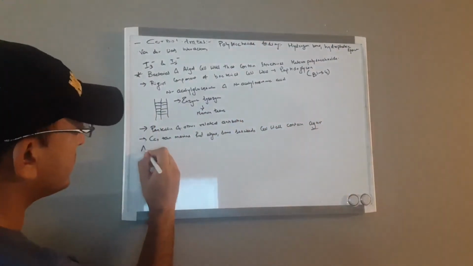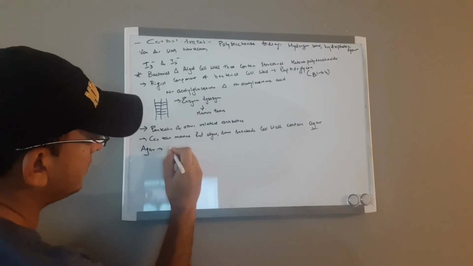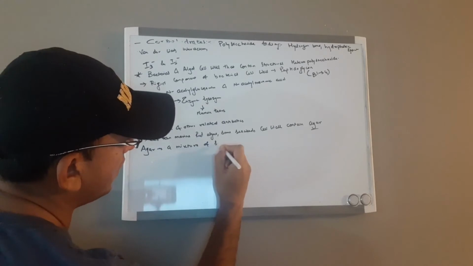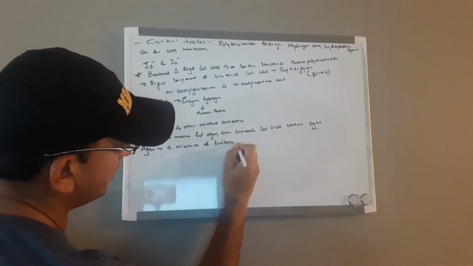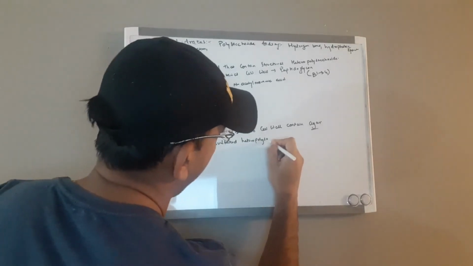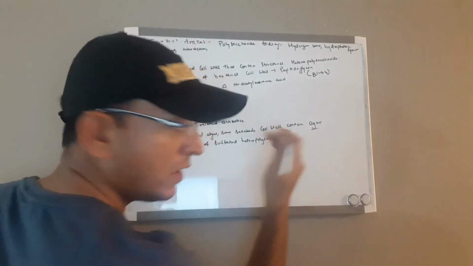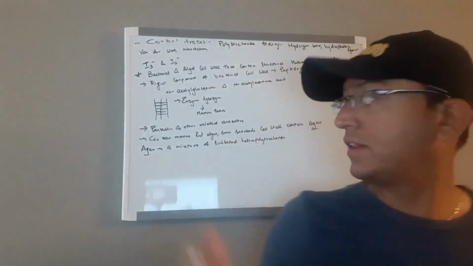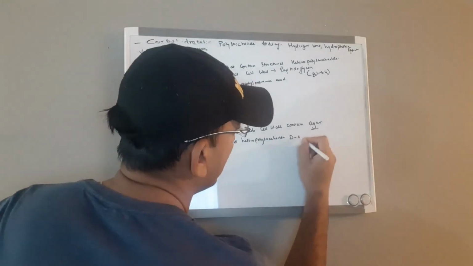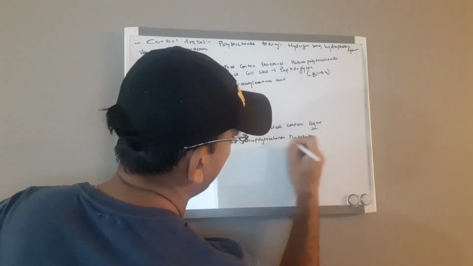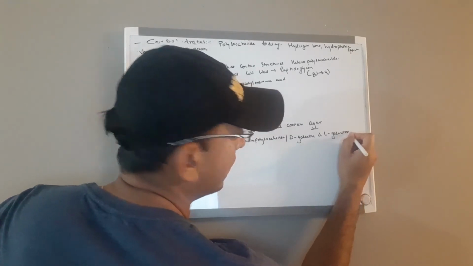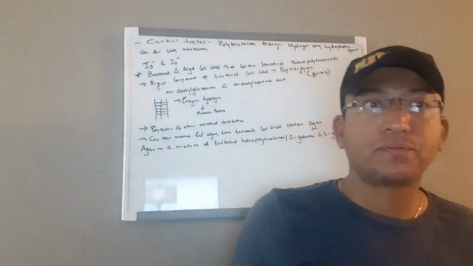So this is a mixture of sulfated heteropolysaccharides, and it is made up of D-galactose and L-galactose, right?